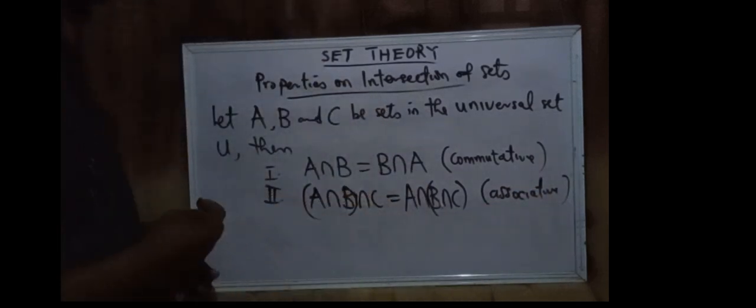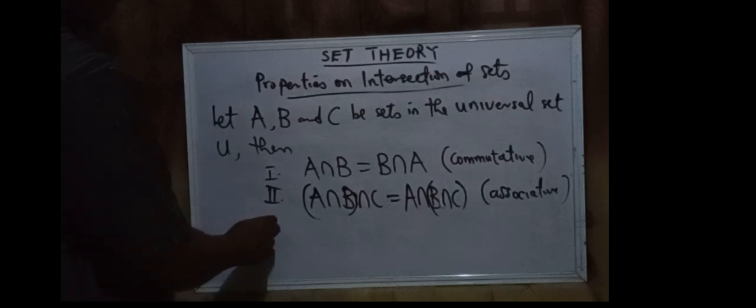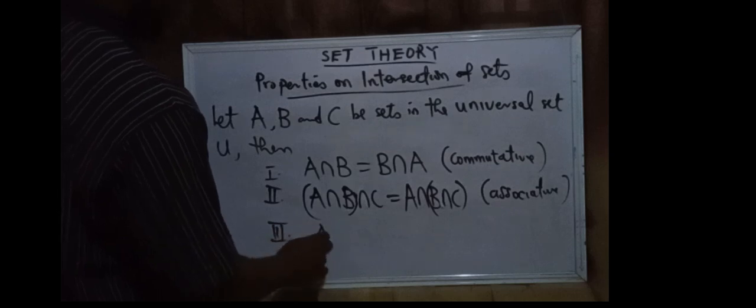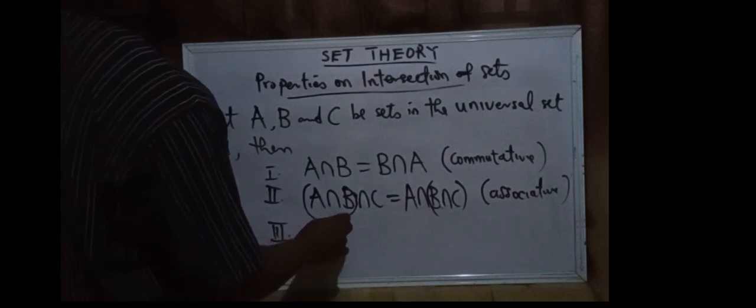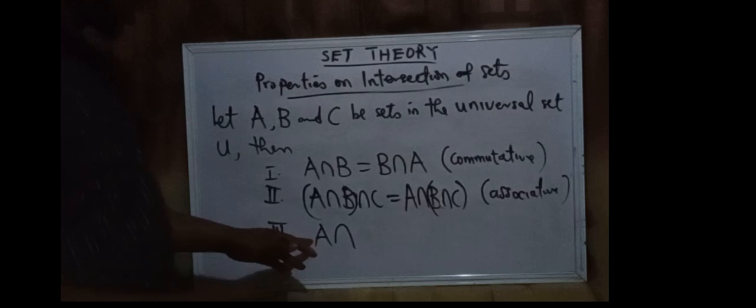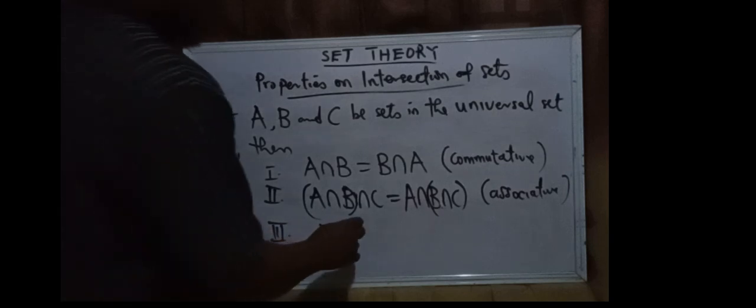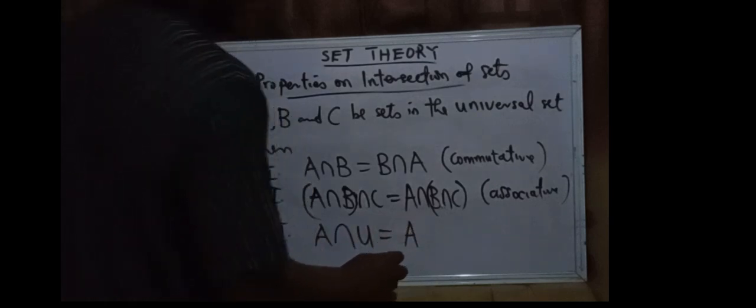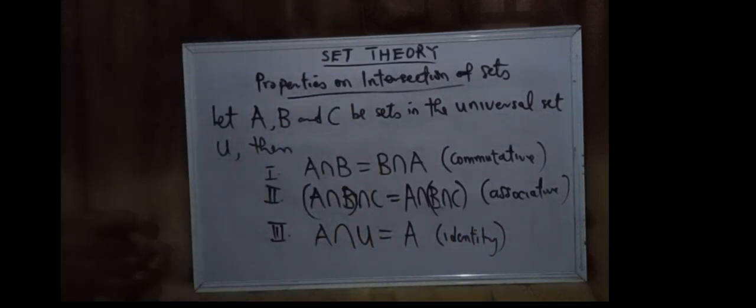Also, it is possible for us to have an identity under the intersection. If you take the intersection of the set A and the universal set U, this is the same thing as the set A, and we refer to this as the identity law under intersection.